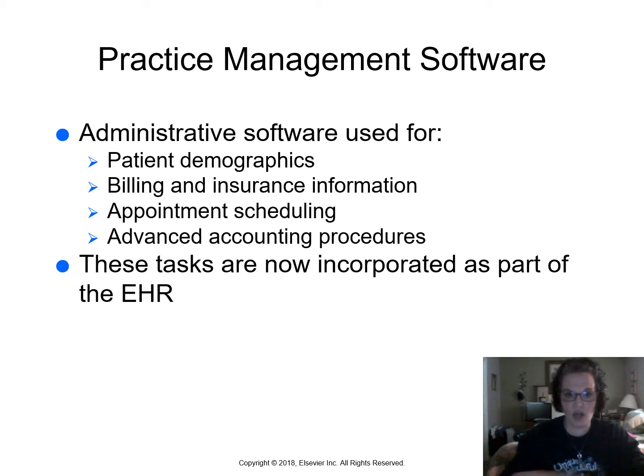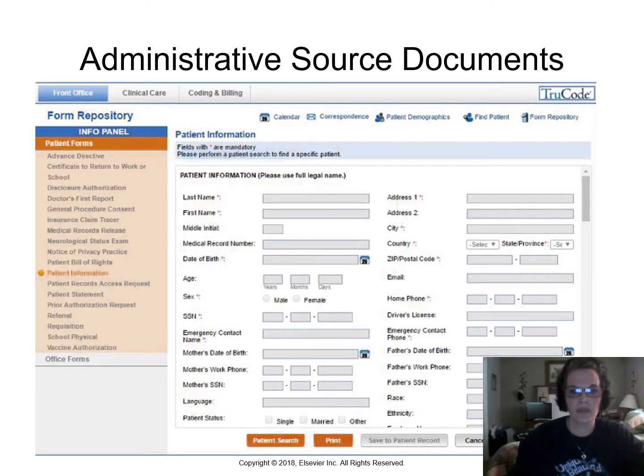Practice management software. That's also called PMS. I always think that makes me smile, but it's administrative software used for patient demographics, billing and insurance information, appointment scheduling, advanced accounting procedures. These tasks are now incorporated as part of the EHR. So this is just a little picture of figure 1.4.